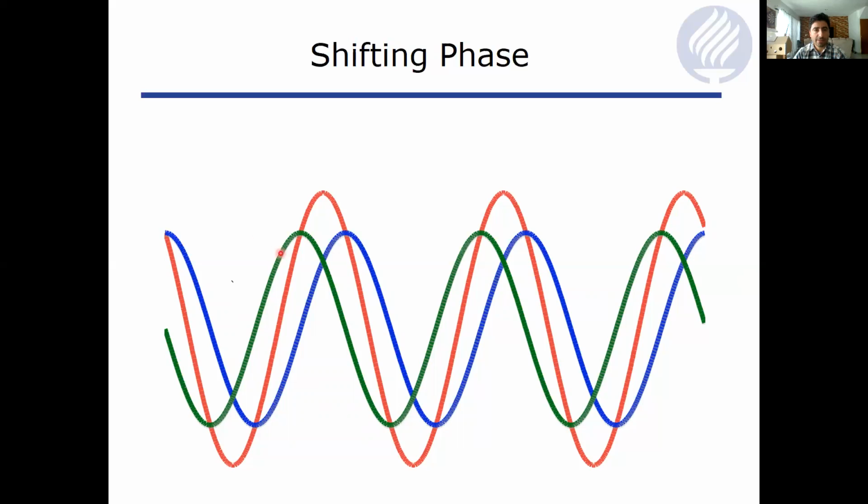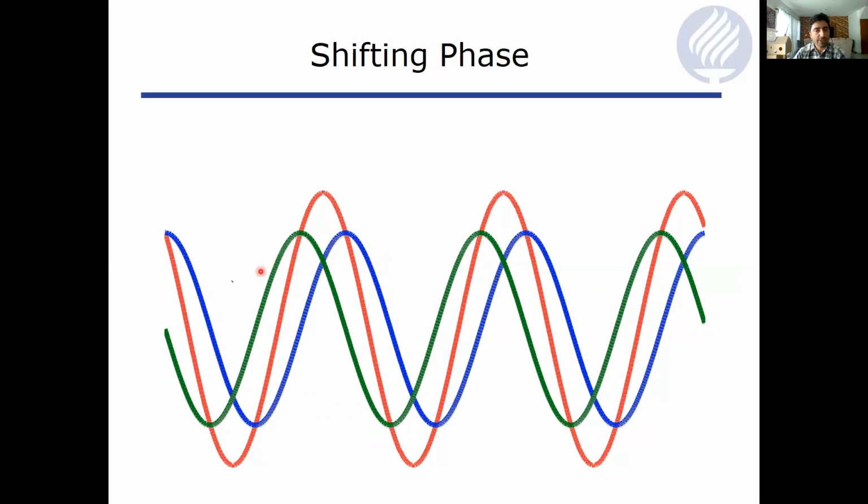For example, you can look at these 3 signals here. Let's say we have this signal represented by the green, and this signal represented by the blue. You can see that these 2 signals have a pi over 2 phase difference, between this green one and the blue one.